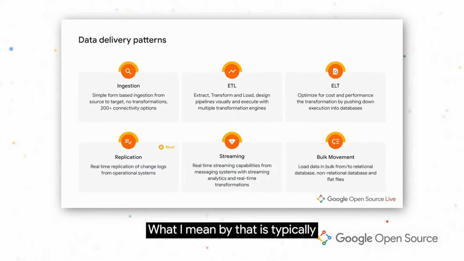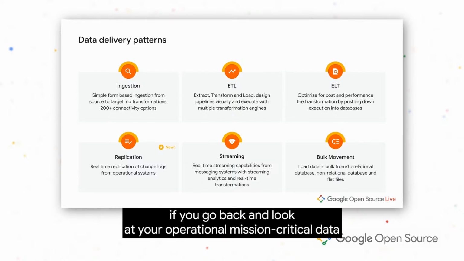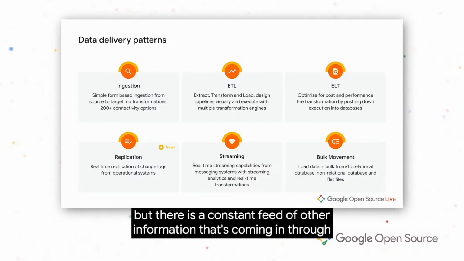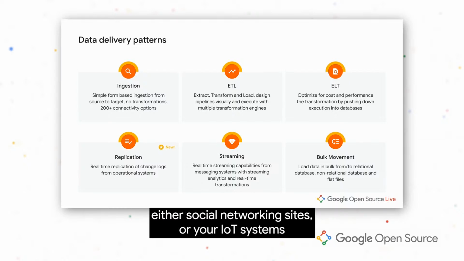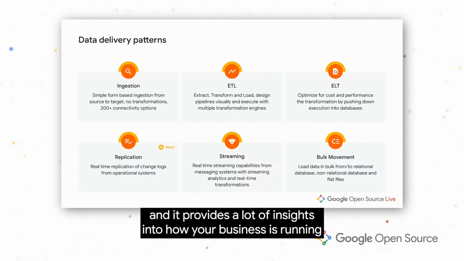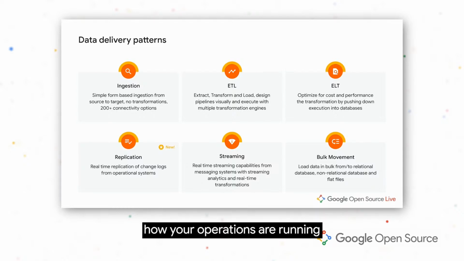What I mean by that is, typically if you look at your operational mission critical data, it changes, new orders might come in, but there is a constant feed of other information coming in through either social networking sites, or your IoT systems, your edge systems, where a lot of this data is being streamed in, and it provides a lot of insights into how your business is running, how your operations are running, what your customer satisfaction levels are.